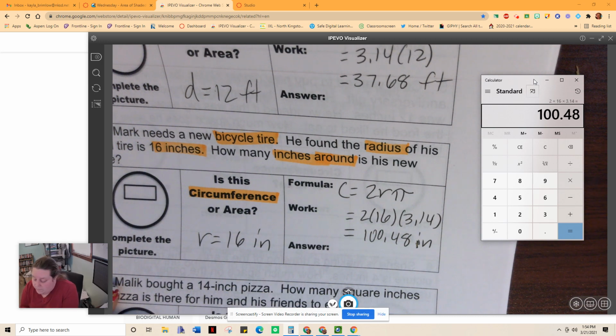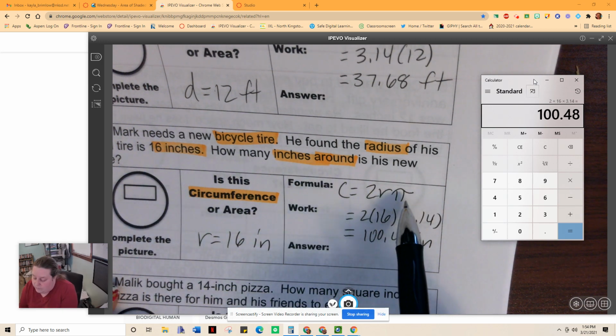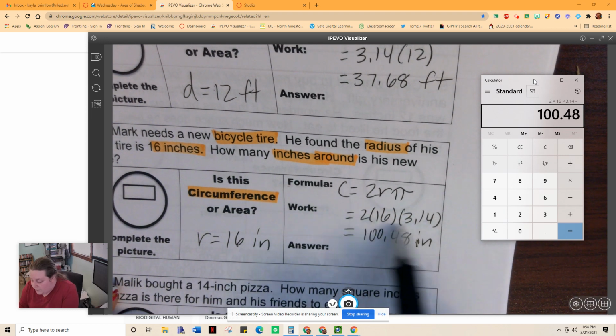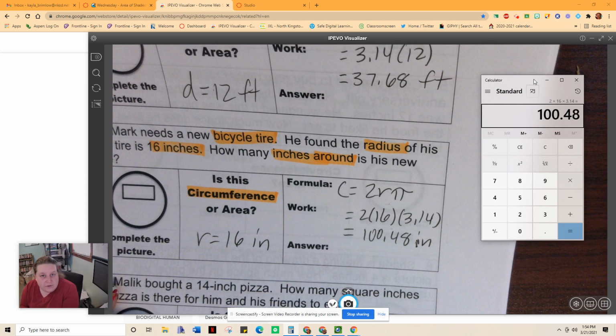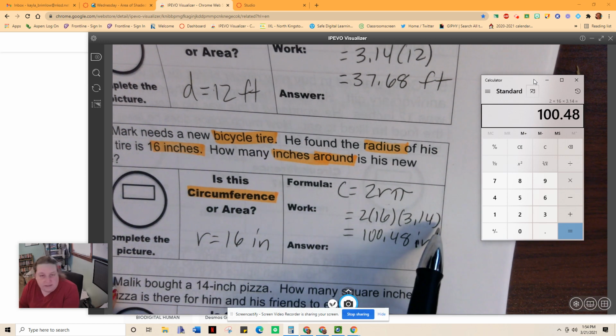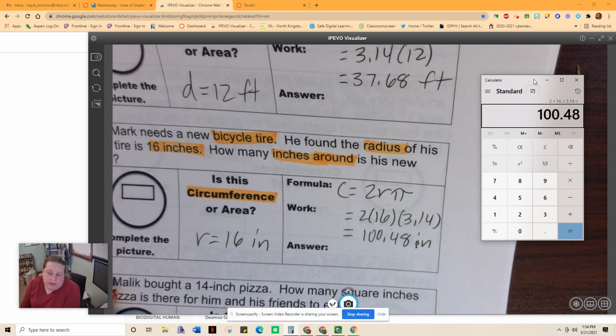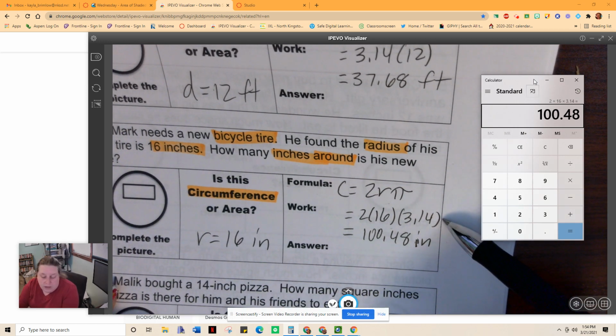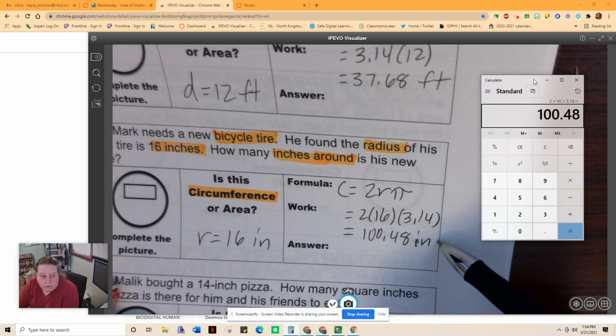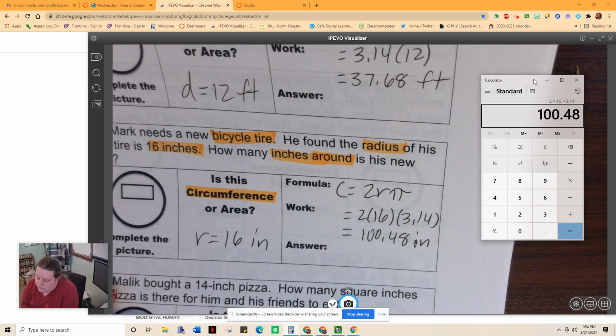So once again, for when you're solving these application problems, I am looking for the formula. I'm looking for you to substitute in the information, and I'm looking for a labeled answer. You can do all of these steps at one time since you're just multiplying, so you don't have to show every single time you multiply or divide, but I want to see the numbers substituted into your formulas correctly, and I need labels on answers.